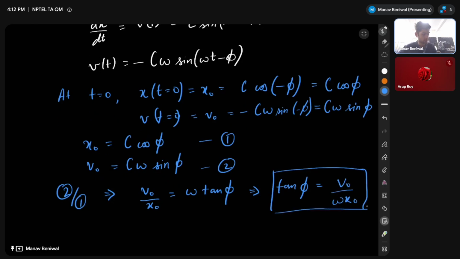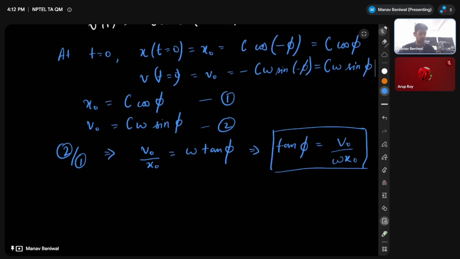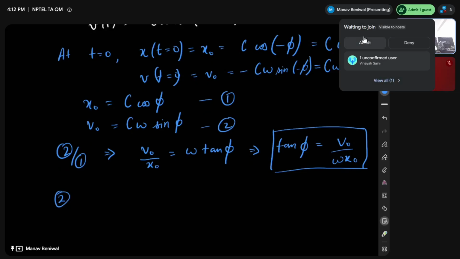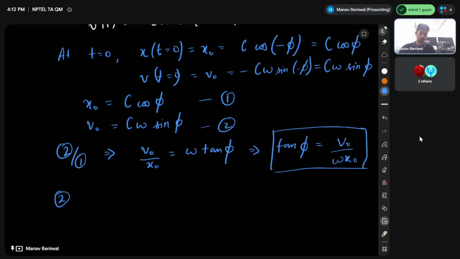So this is the equation of phi, and to find the equation of c, we can divide equation 2 by omega, then square that equation and add it to the square of equation 1.